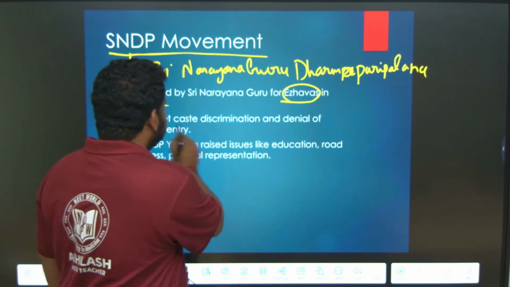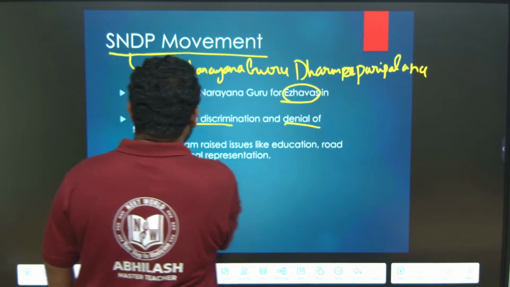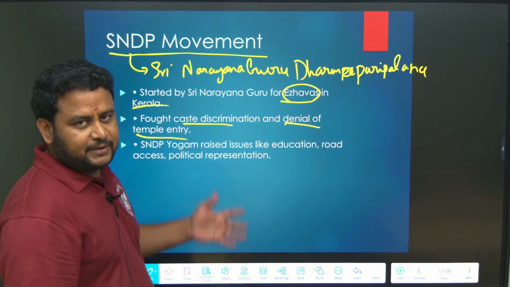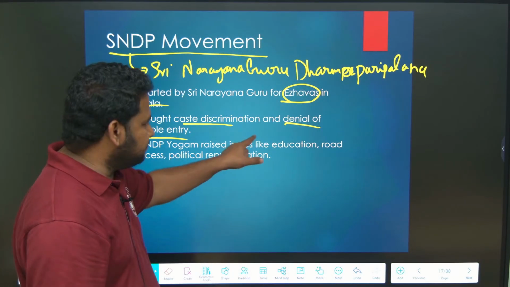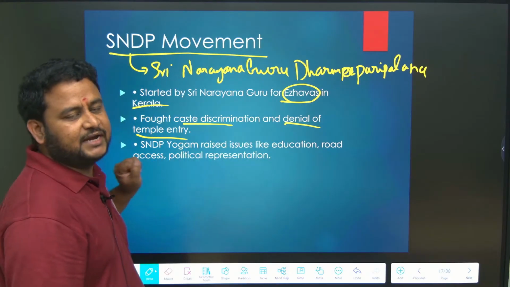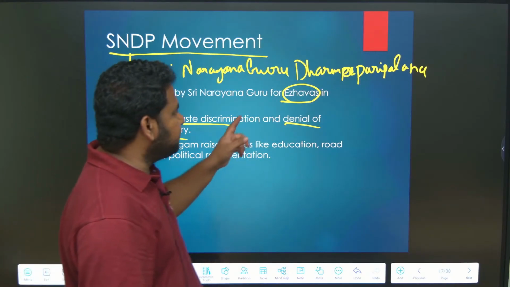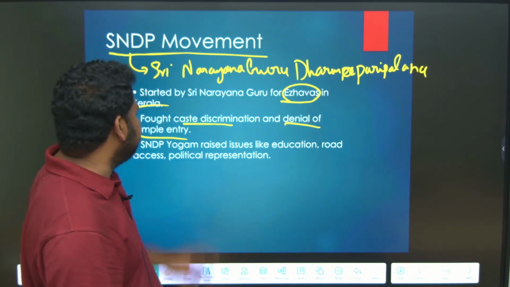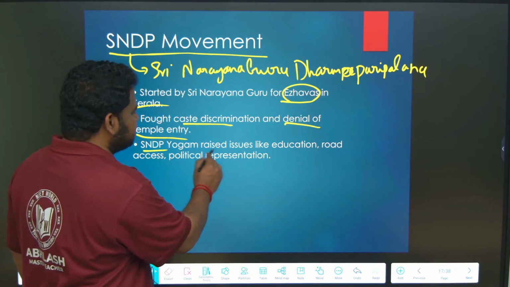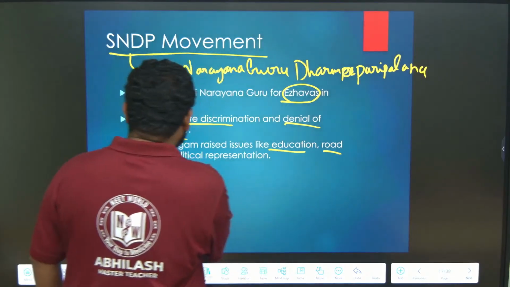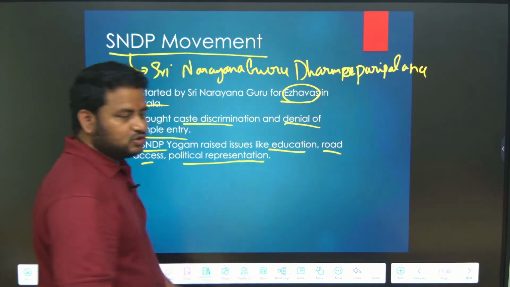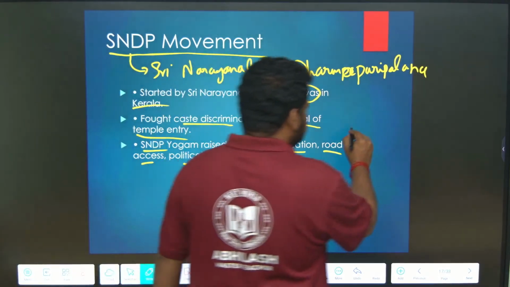So they fought against caste discrimination and denial of temple entry. The temple entry movement is separate, but this was also a component of it, that is the Sri Narayana Guru Dharma Paripalana movement, the SNDP movement. SNDP Yogam raised issues like education, road access, political representation. So what are the things they fought for? That is for the Ezhavas of Kerala.